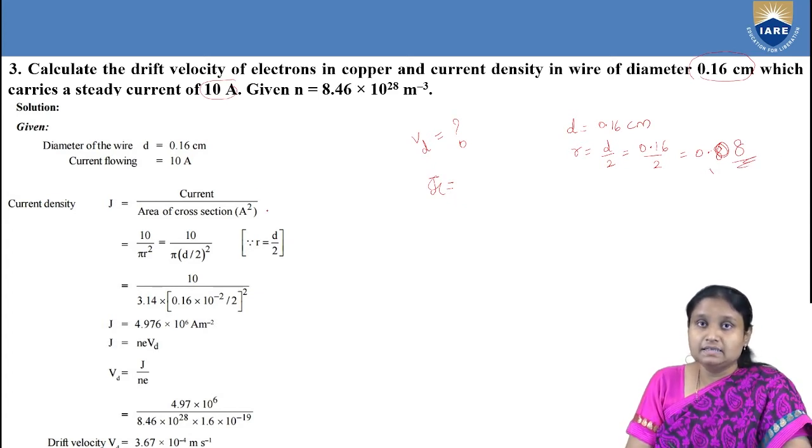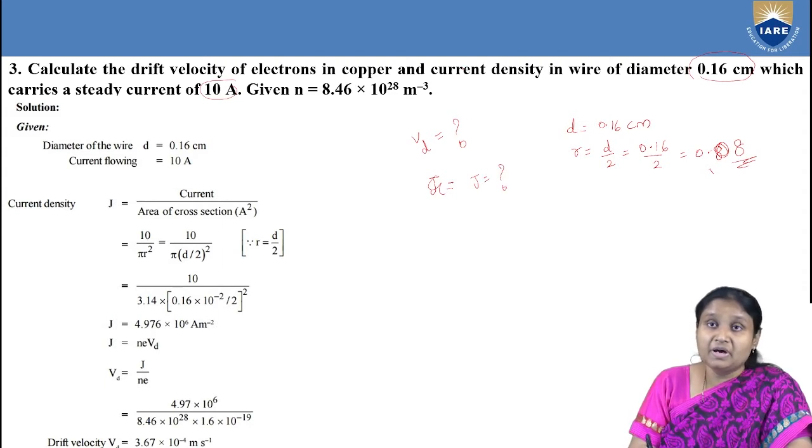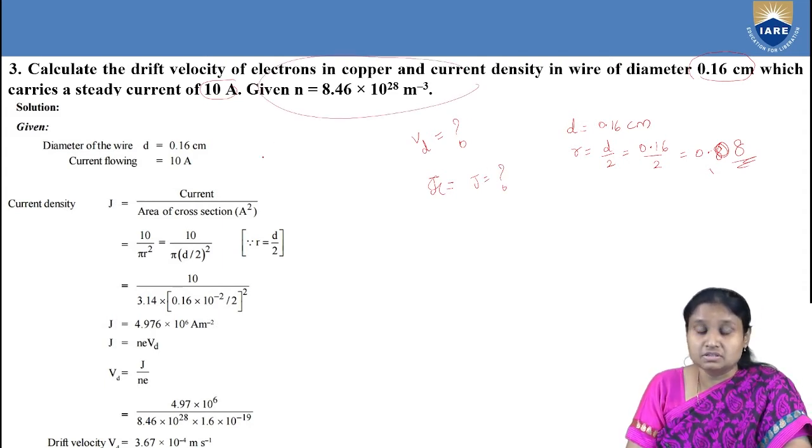Apart from that, we were also given the value of current, and we need to find the drift velocity, and also we need to find the current density. And apart from that, we were given the value of carrier concentration. So we can first find the current density simply by making use of this formula.